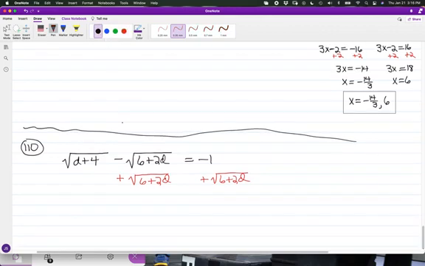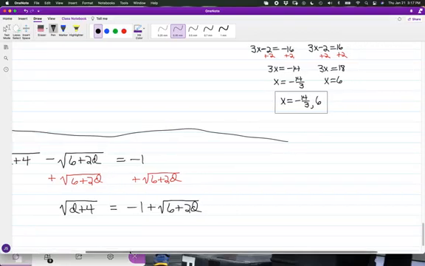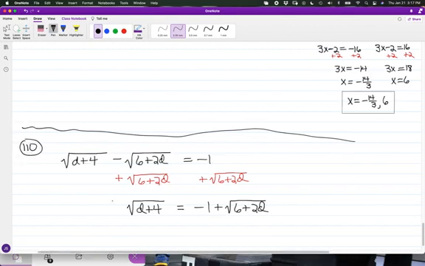Alright, so to the left, we have just the square root of d plus 4, equal to negative 1 plus the square root of 6 plus 2d. And for what we're going to have in the setup, now we're going to square both sides.